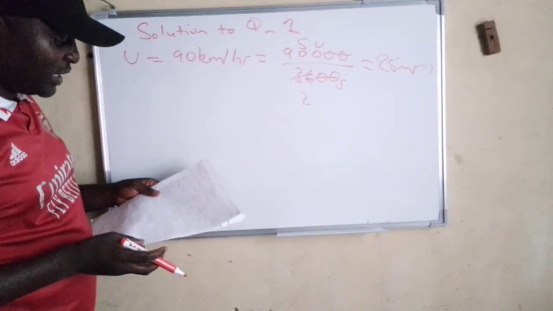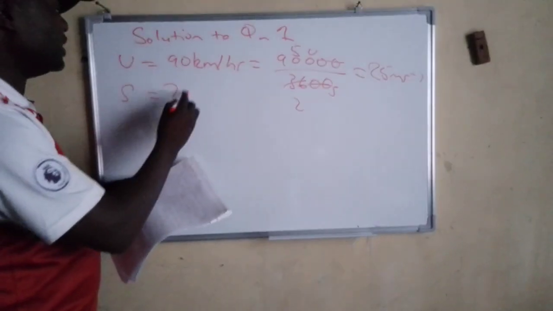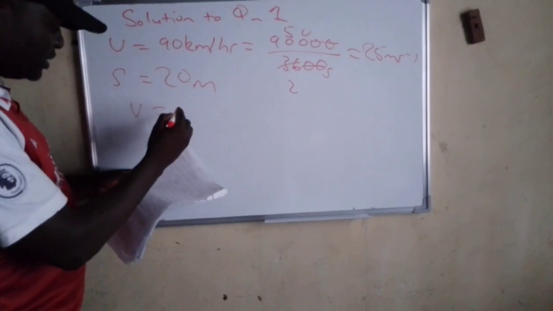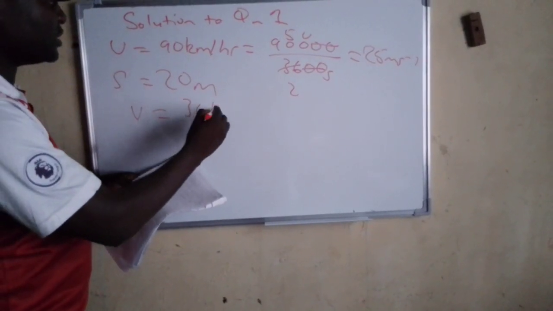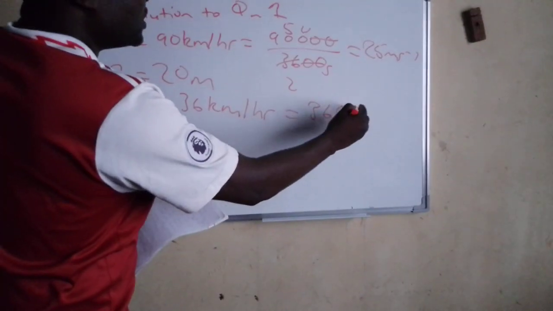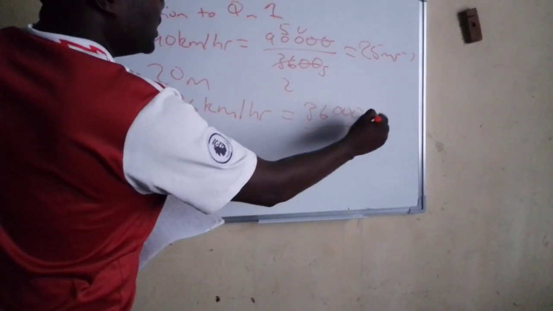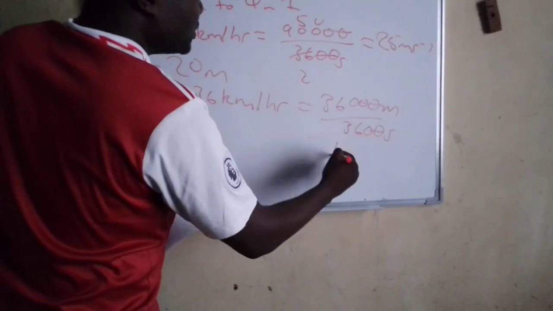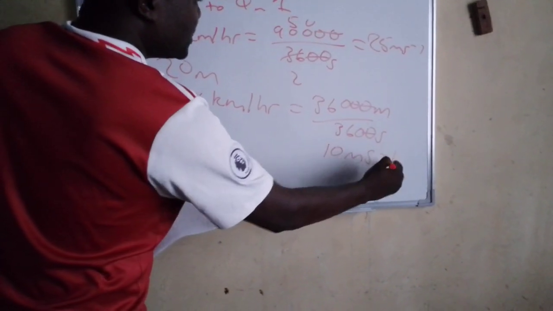And the driver applies brakes to bring it to a speed over a distance of 20 meters. So s is 20, and the final speed is 36 kilometers per hour, which is 36,000 meters over 3,600 seconds. This reduces to 10 meters per second.